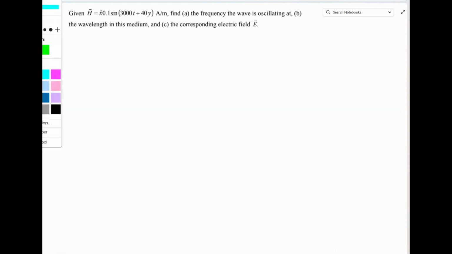Let's go over what this equation is actually telling us. So this is our H field, and it's equal to x hat 0.1 sine(3000t + 40y). This first part, x hat, tells the direction of the H field. 0.1 is our constant, our magnitude, and the sine argument is the phase of the equation.